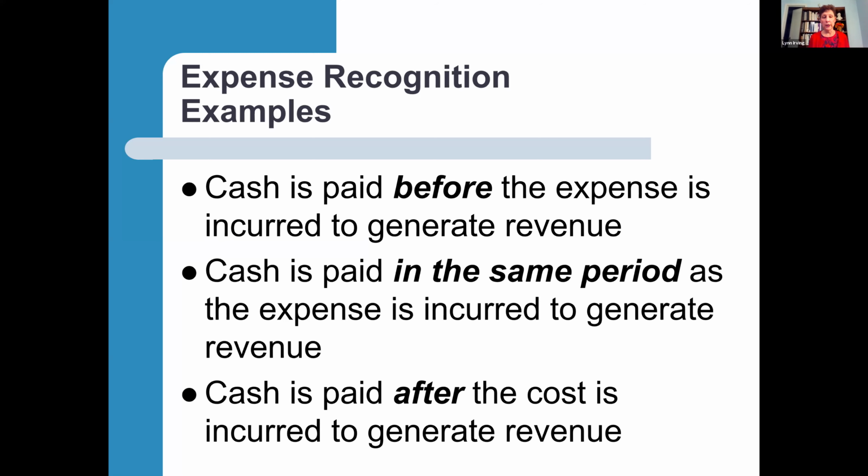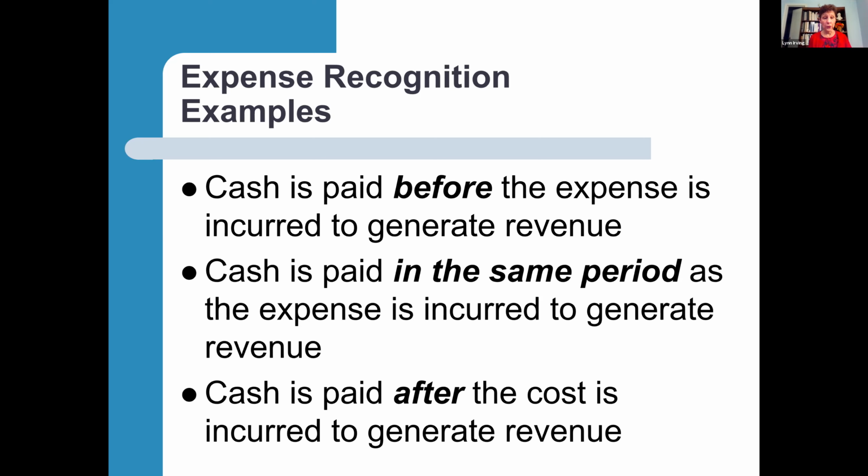You went out there and let's say you paid for some advertising, right? And you advertise, whether internet, on the radio, whatever it is. And so you've got advertising expense and you've decreased your cash and it's all in the same period. So that expense is recognized then. Third example is, let's say that you've incurred that expense, like I mentioned before with paying the employees, right?